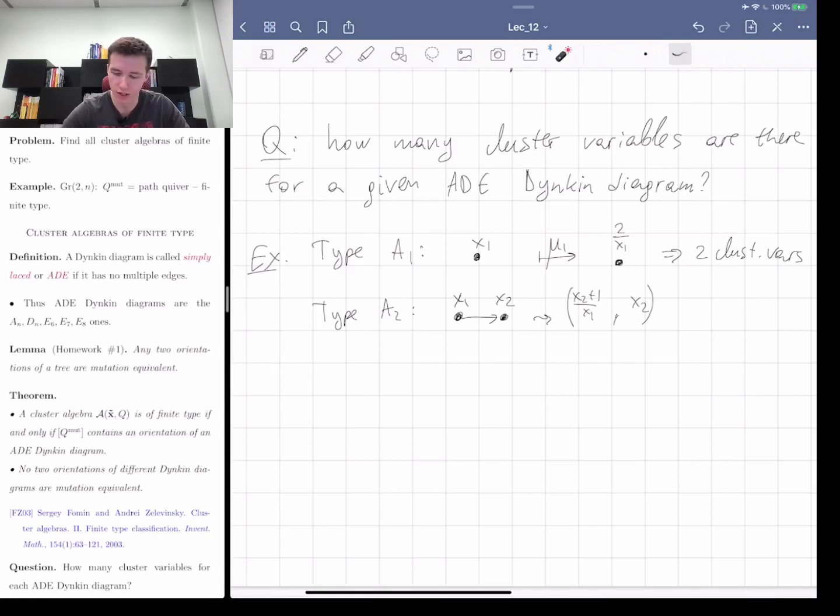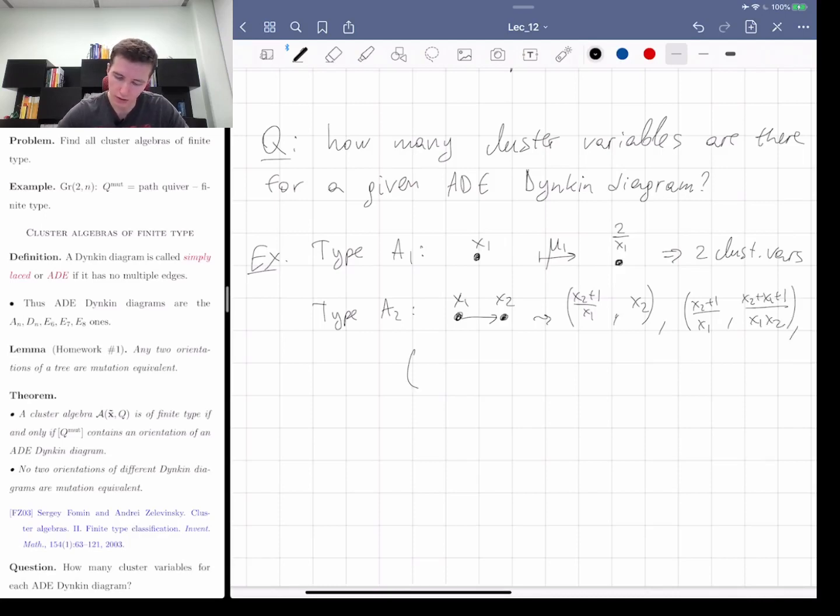The arrow just gets reversed every time I mutate. x1 plus 1 over x1, and then I mutate x2. The first one doesn't change, but instead of x2, I'm going to get x1 plus x2 plus 1 over x1 x2.